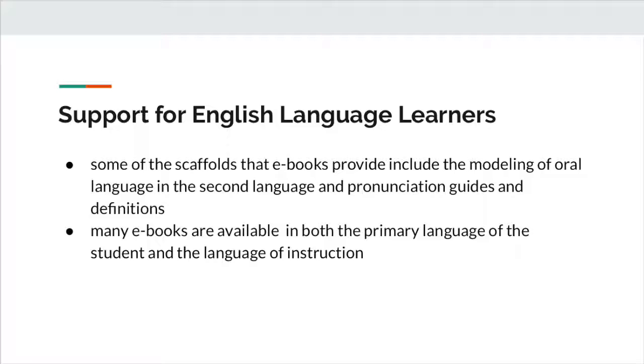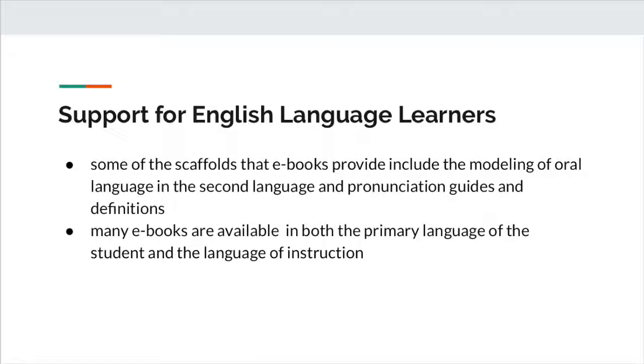Okay, so ebooks and ebook apps also have a lot of support for English language learners. Some of the scaffolds that ebooks provide include the modeling of oral language in the second language and pronunciation guides and definitions. Many ebooks are also available in both the primary language of the student and the language of instruction.